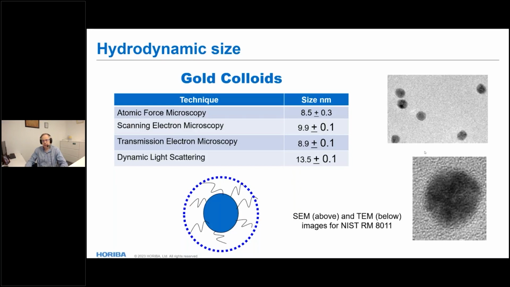So here we're looking at SEM up here and TEM. At TEM, you see the gold there very nicely, but you don't see what's on the outside. With DLS, you can see that. And that certainly is an advantage in a lot of cases, but it's important to keep this in mind as you're interpreting data or you're trying to reconcile results between different techniques.